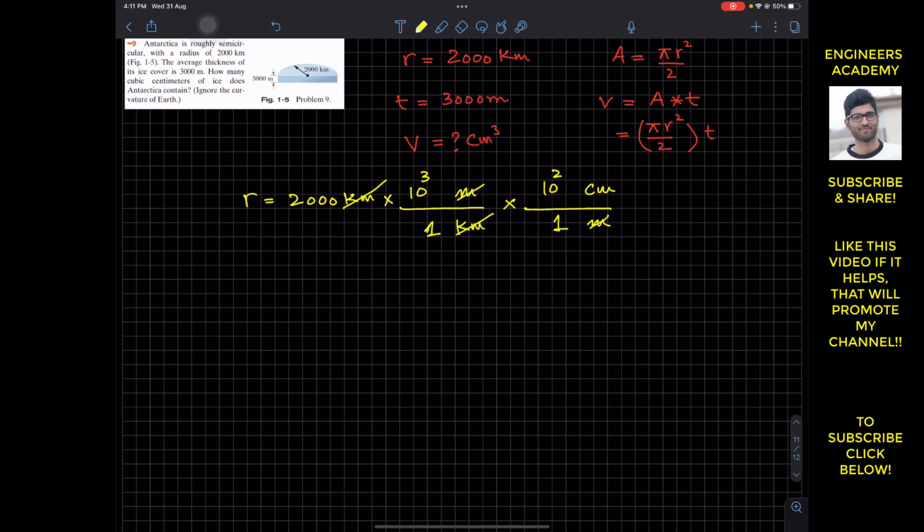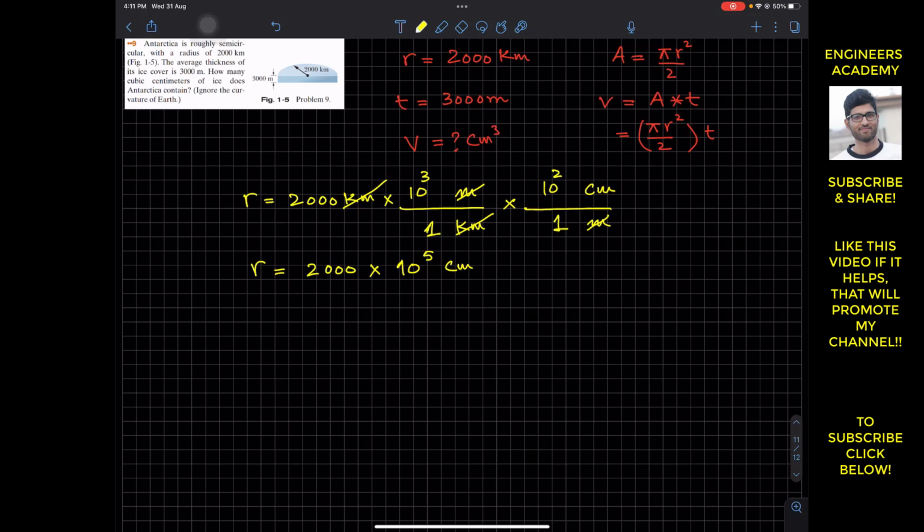So we have 2000, and 10 raised to the power 3 into 10 raised to the power 2 gives 10 raised to the power 5 centimeters. So the radius is 2000 multiplied by 10 raised to the power 5 centimeters.